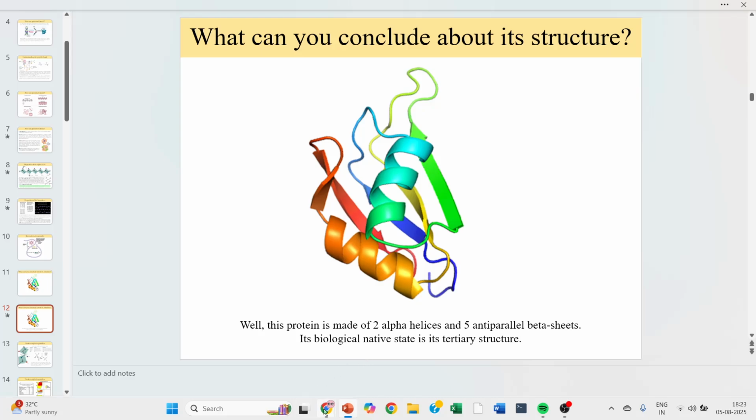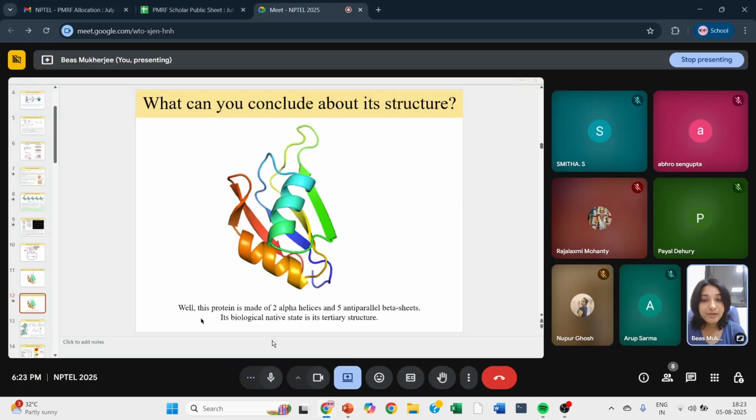Okay, so this protein is actually made up of 2 alpha helices and 5 antiparallel beta sheets, as you can see from the figure, and its biologically active state is actually the tertiary structure. So we are not seeing this as a monomer, dimer or trimer, and this is biologically active. Its structure is uploaded on PDB, the Protein Data Bank.